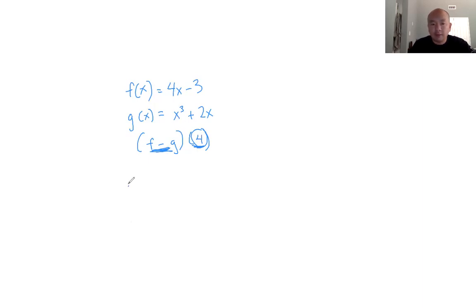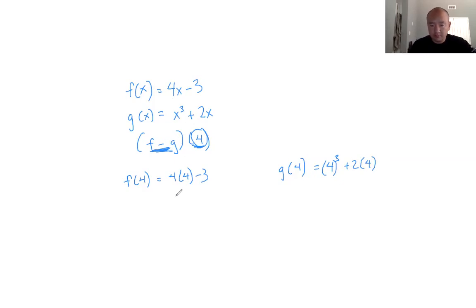So we're going to get the f of 4 equals 4 times 4 minus 3, and we're going to get the g of 4, which is equal to 4 to the third power plus 2 times 4. Hope this all makes sense. So what we did was use that number 4 and plug it into all the x's in both functions. Because at the end of the day, we're going to subtract the f function minus the g function.